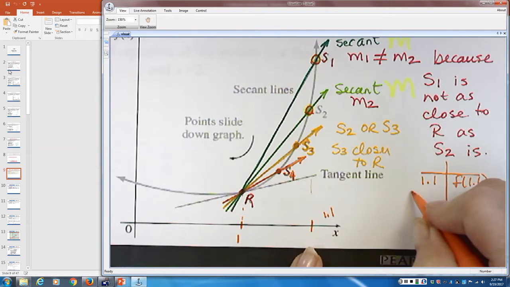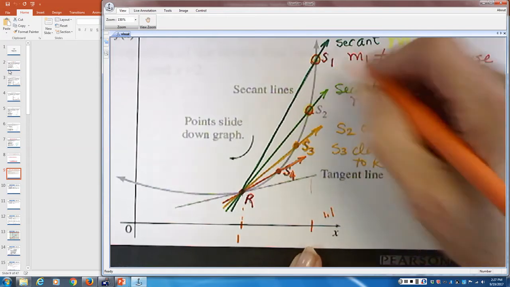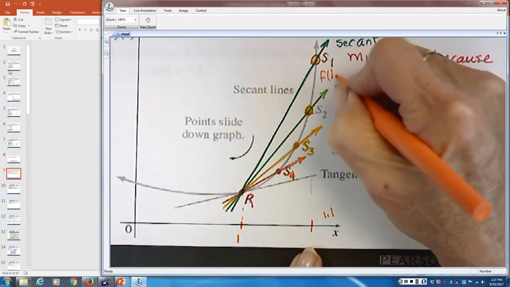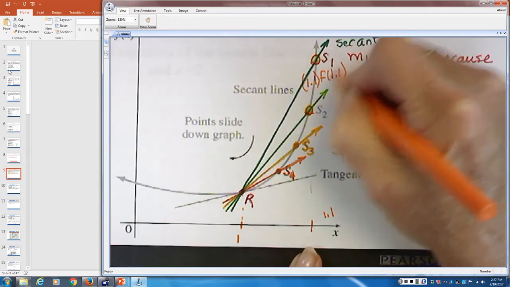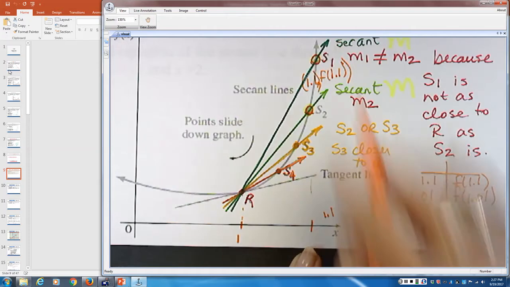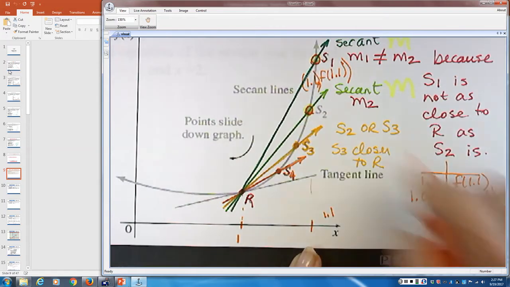And then you said, okay, what if it was 1.01? And f of 1.01. Okay, that's that very first point. So then you move closer to 1.01.